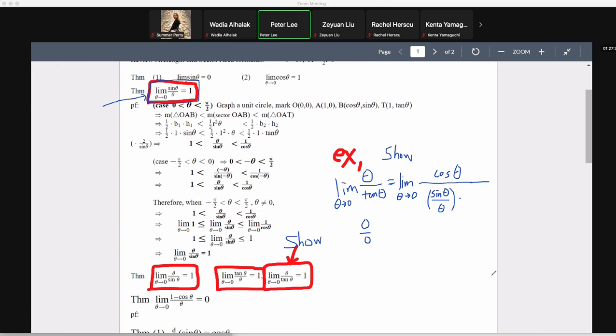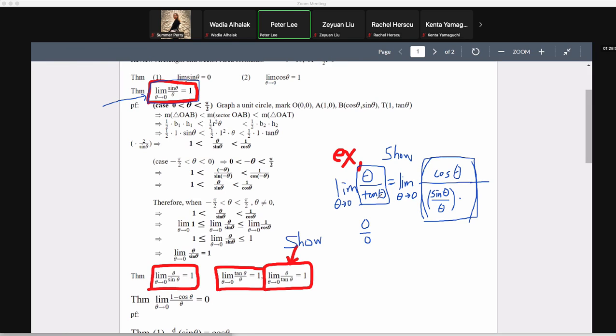I can do this. So tangent theta over theta can actually be written as cosine theta over sine theta over theta. I don't know, does this make sense? Algebraically, we can write it this way.